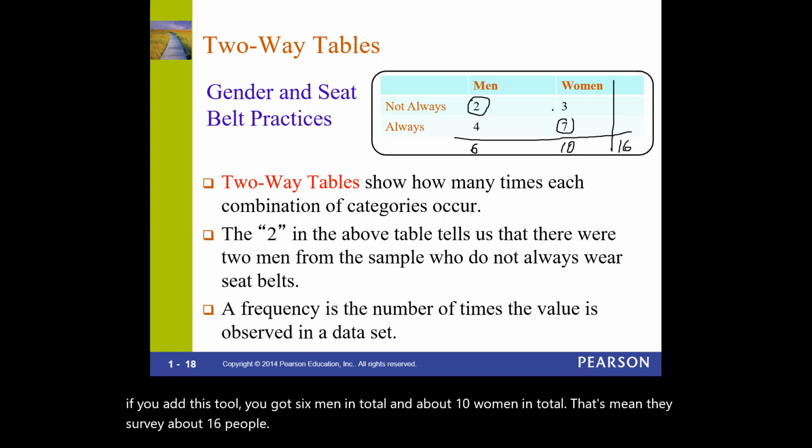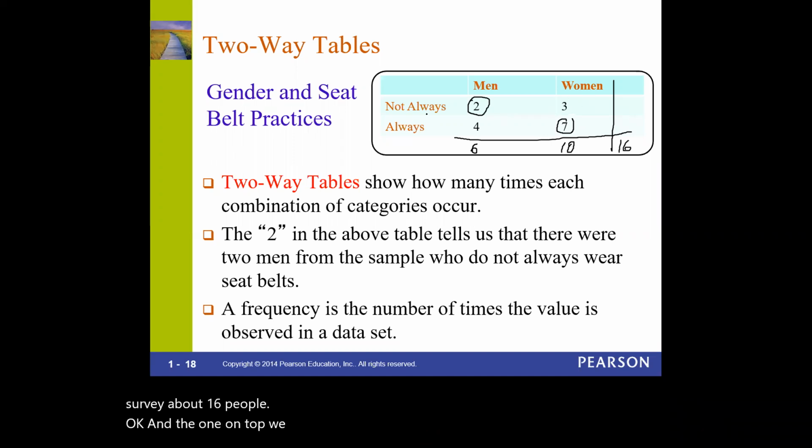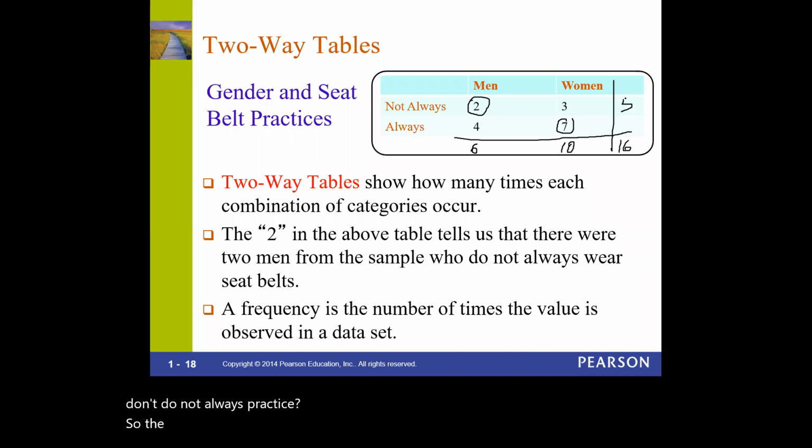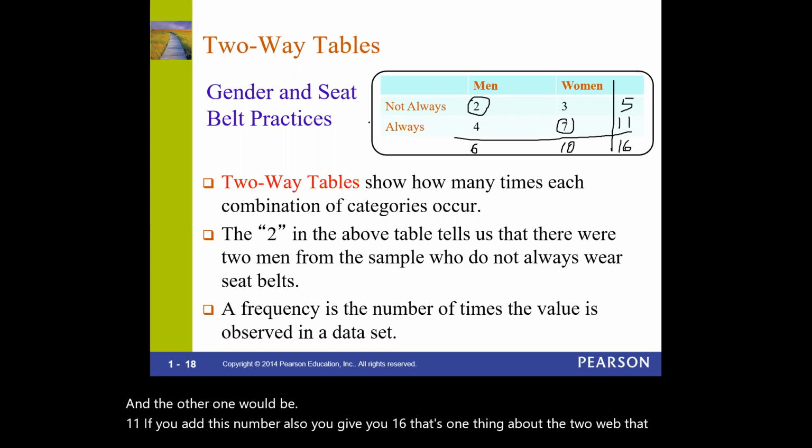And the one on top confirms what I just said. How many of them say they do not always practice seatbelt? The first one will be 5, and the other one will be 11. If you add these numbers, it also gives you 16. That's one thing about two-way tables as well.